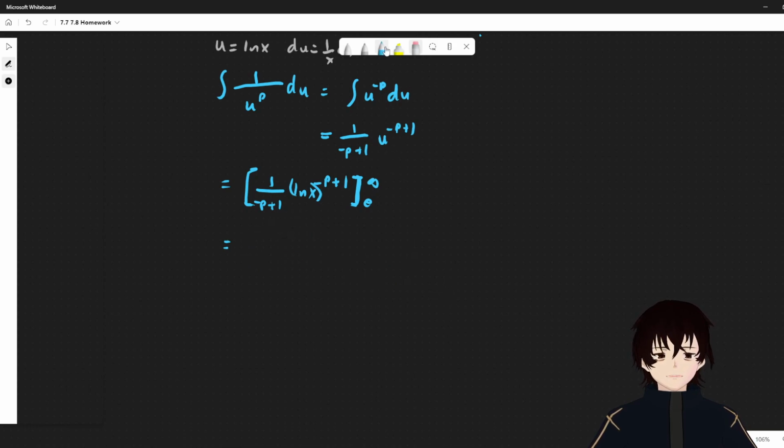Let's see. Let's go to the limit as t approaches infinity of 1 over negative p plus 1 times natural log of x to the power of negative p plus 1, from e to t. All right.